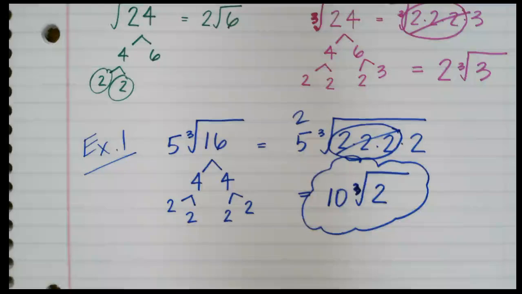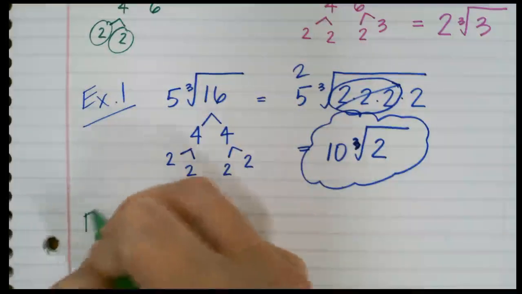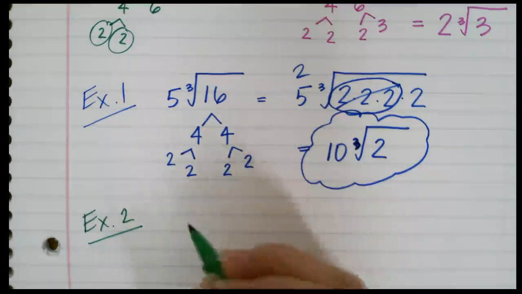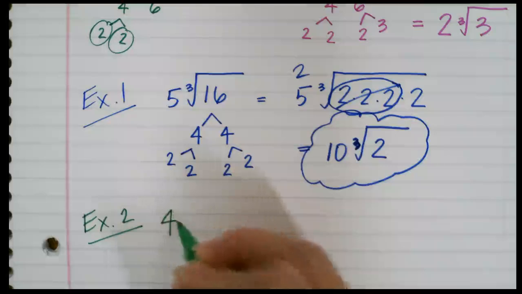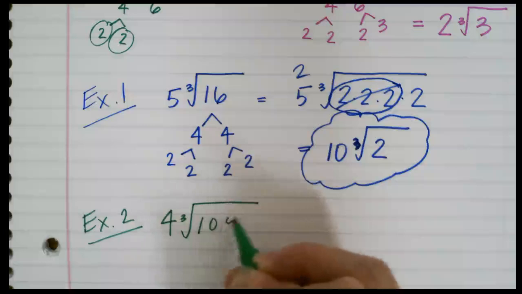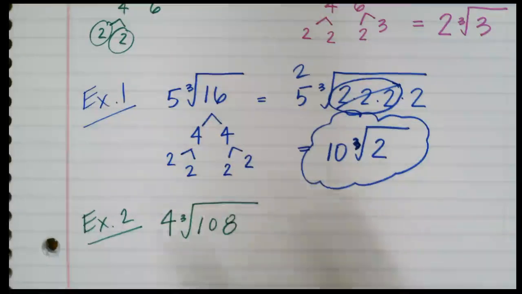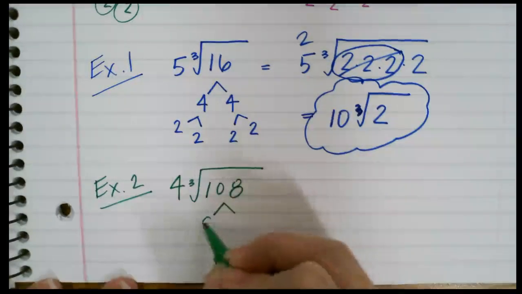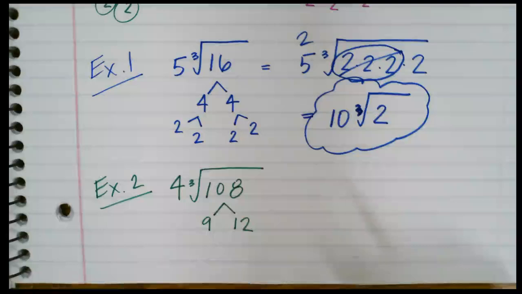All right. Here's another one. For example 2, let's do 4 and then the cube root of 108. Let's think about ways that we can break down 108. Most of you are probably thinking 9 and 12.